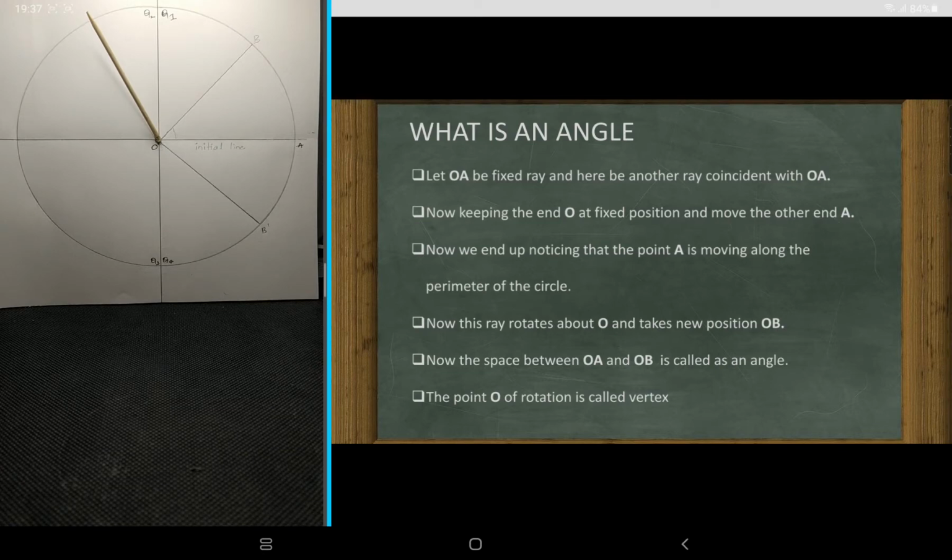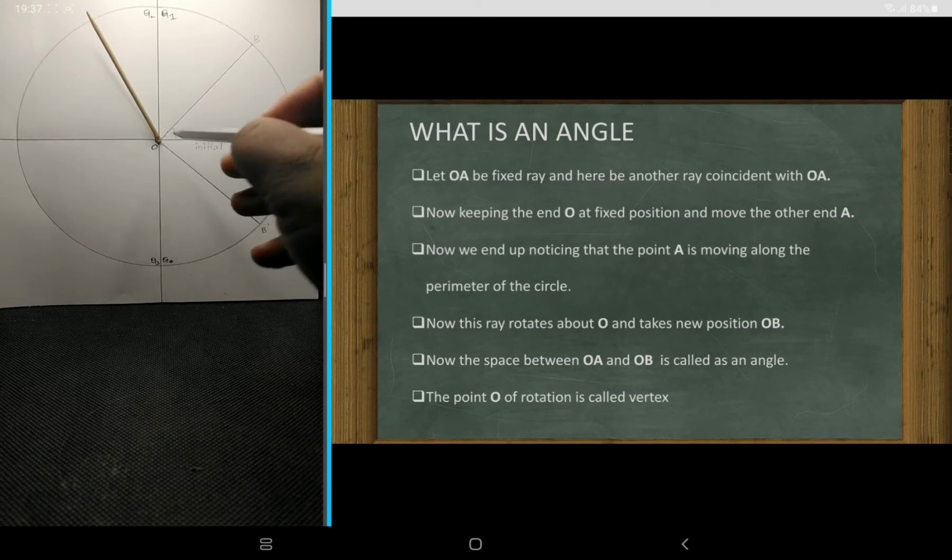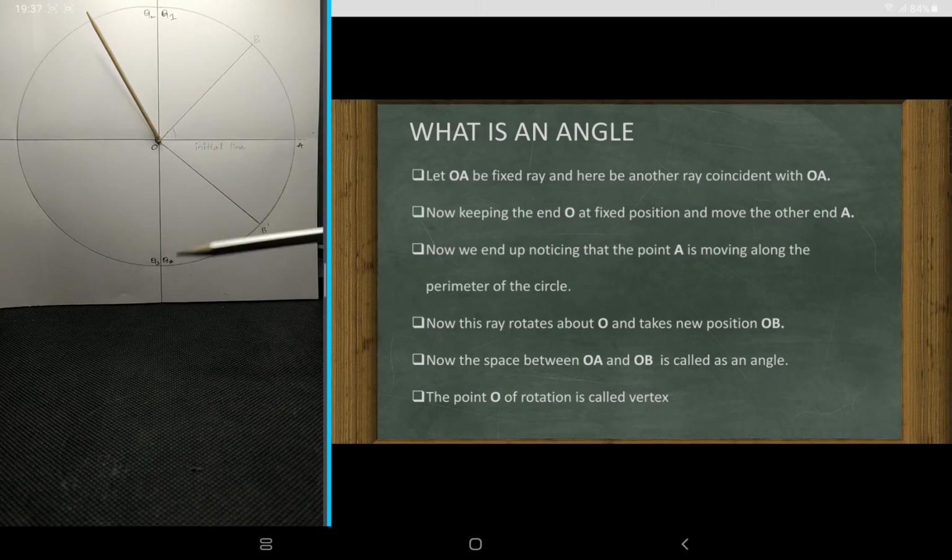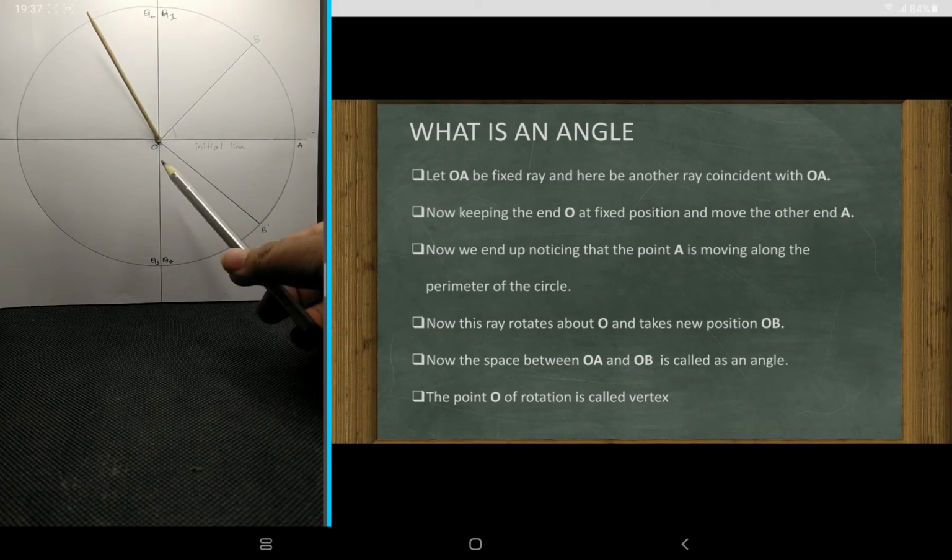The point O of rotation is called the vertex because O is the point of origin for the rays OA and OB.